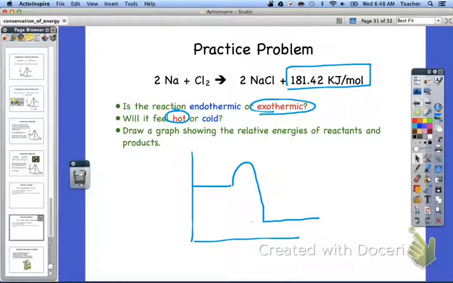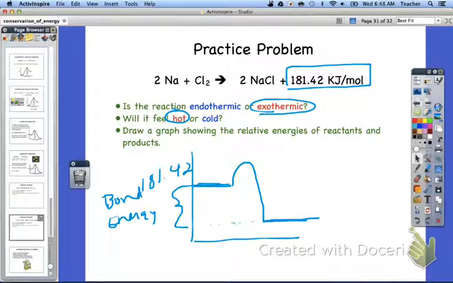The difference then, if we were going to label this bond energy, between the reactants and the products is going to be 181.42 kilojoules because that's the amount of heat that was given off. The products have that much less bond energy than we started with in the reactants.